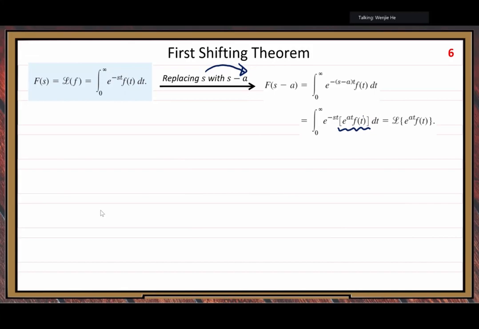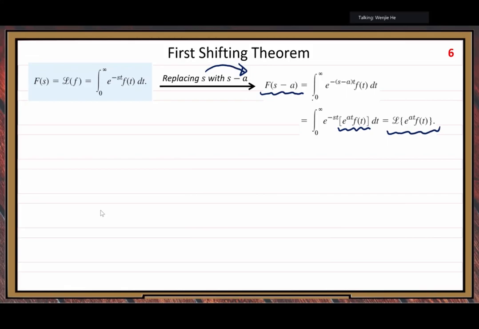In our later calculations, many times we need to use this theorem. So how do we understand this formula? When we need to use it, we use capital F of s minus a equals the Laplace transform of e to the at times little f.